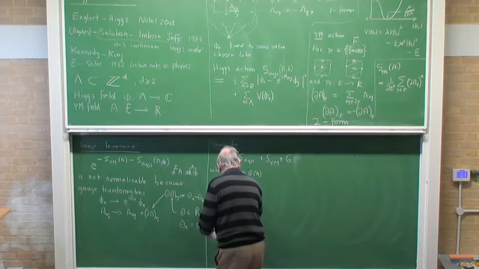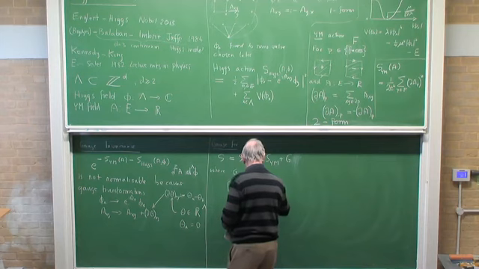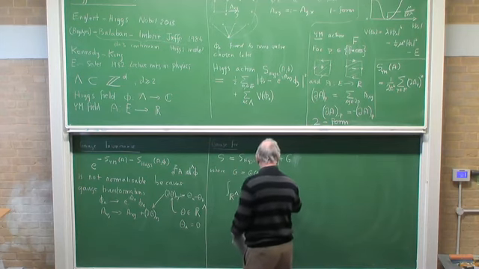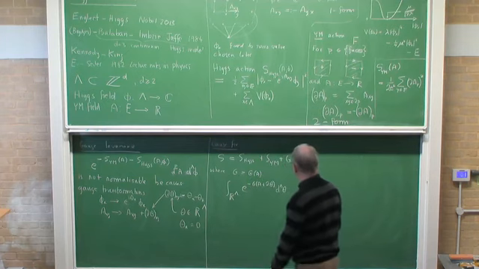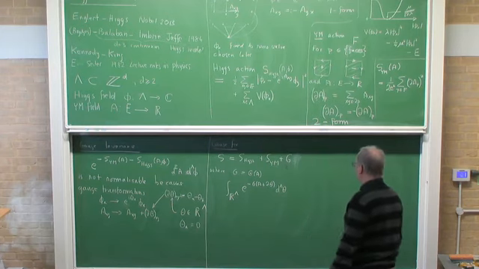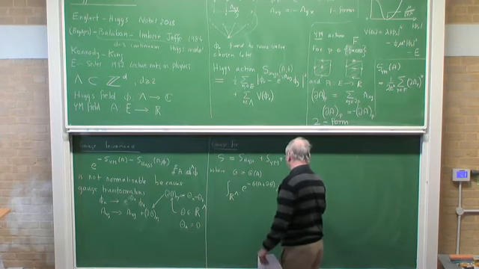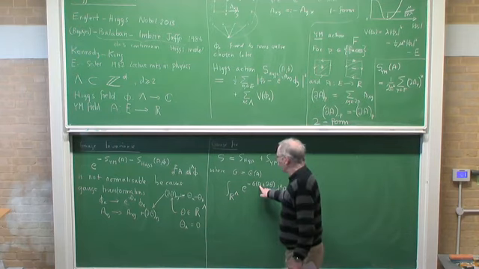I want this property. If I integrate this e to the minus g of a, having made a gauge transformation, d theta, over all of the angles, real valued angles, except at the base point, which is fixed, remember, I want this to be 1, even though there's an a in here.